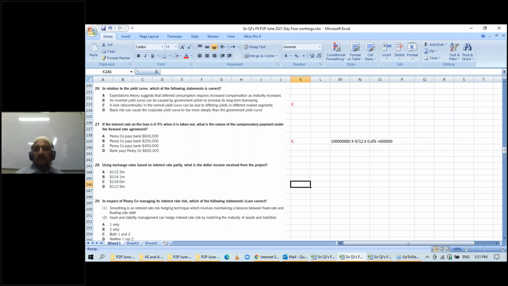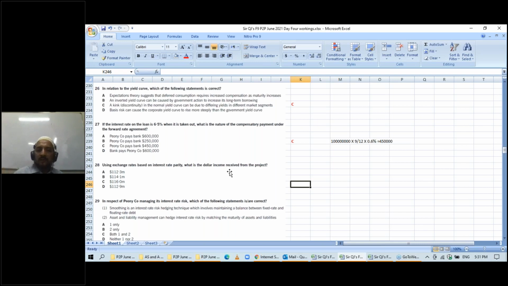So they are going to receive some foreign currency amount in the future. So you have to hedge it. So first calculate the forward rate and then divide the foreign currency amount by the forward rate in order to arrive at the local currency income. So you have to calculate the dollar income received.